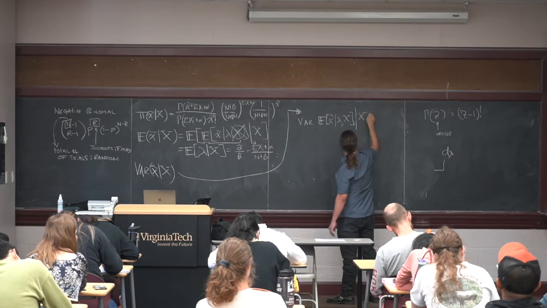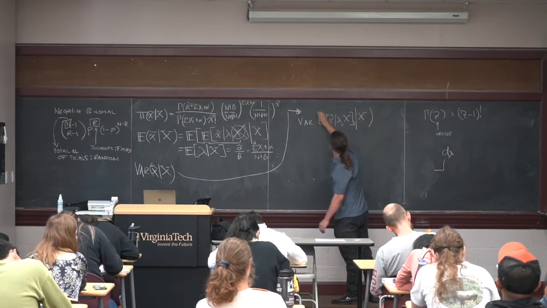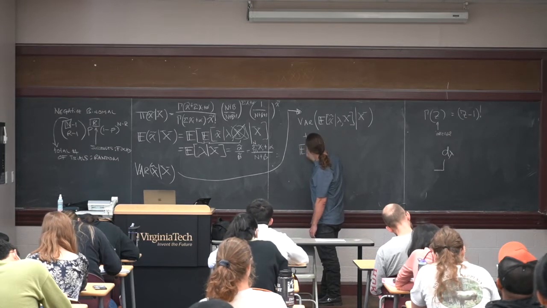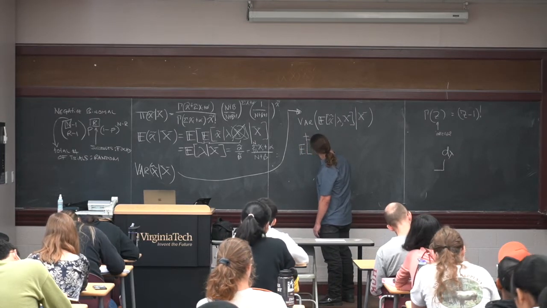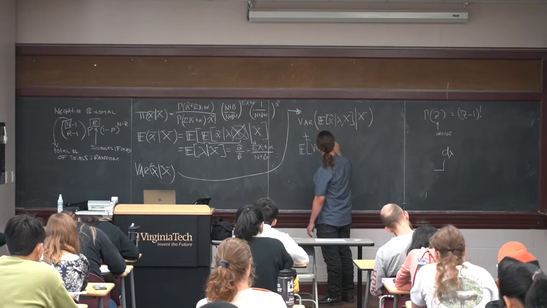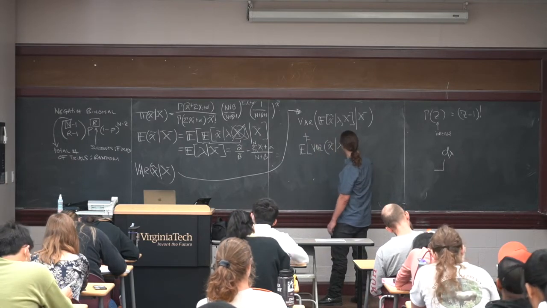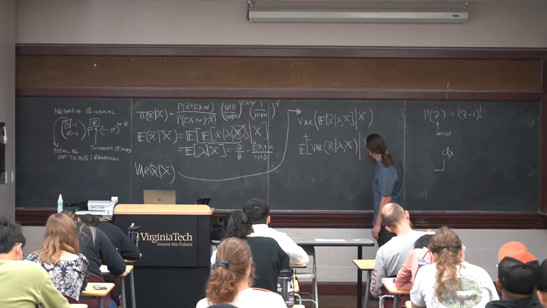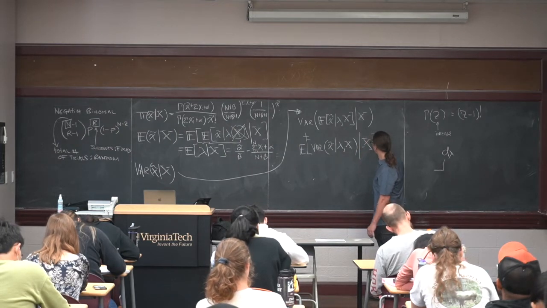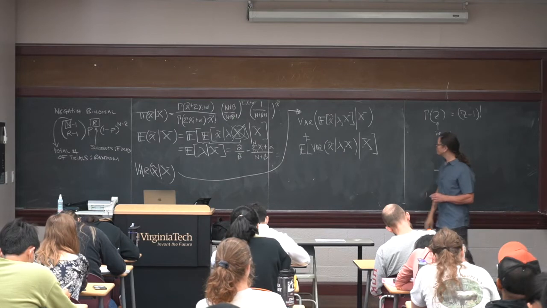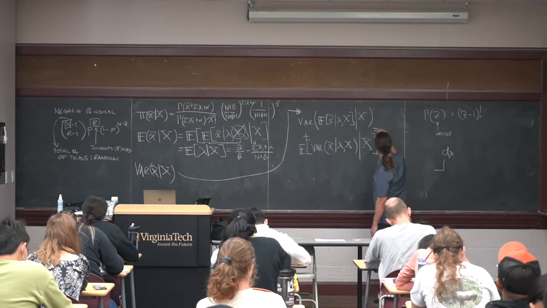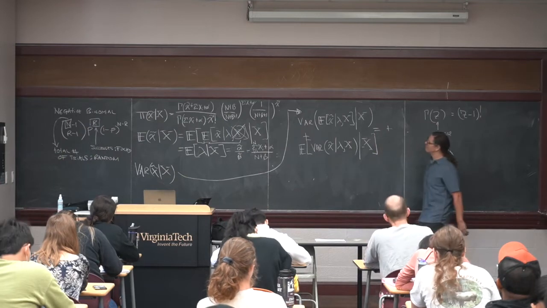Everything's conditioned on x, plus the expectation of the variance of x tilde given lambda and x, given x. And we can solve each of these pieces. So this is going to be equal to something plus something.